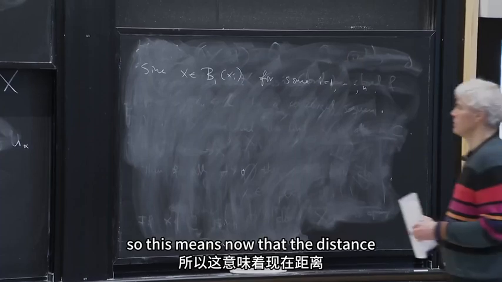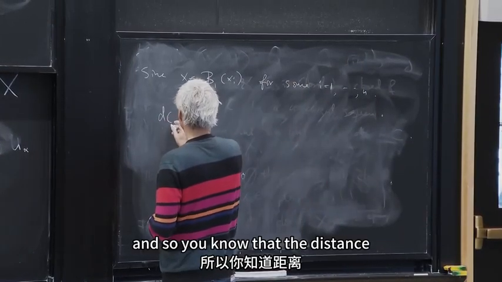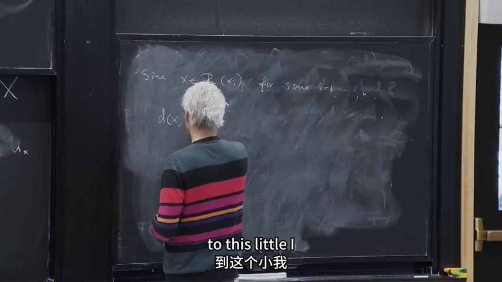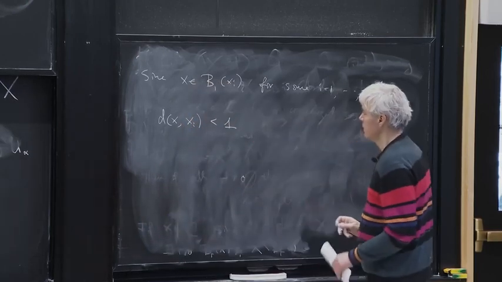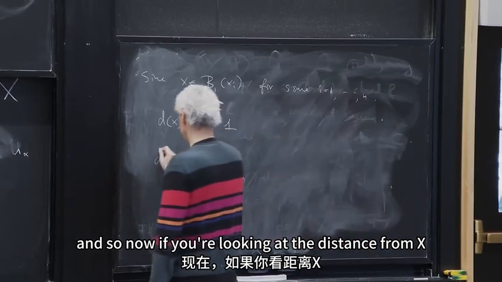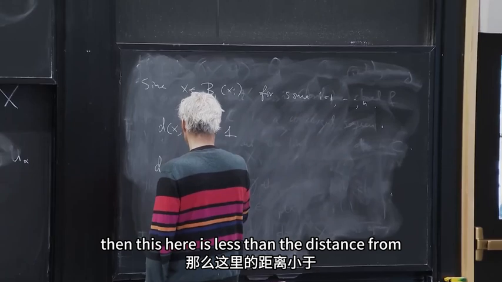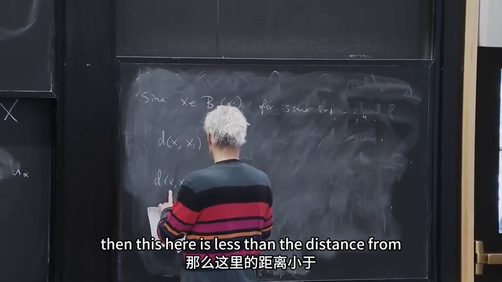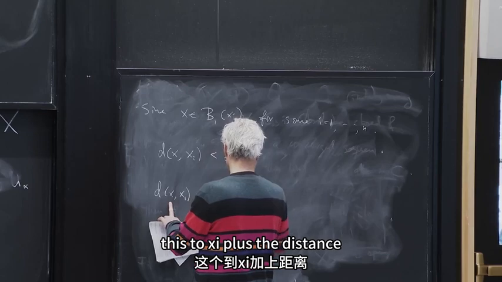This means that the distance from x to xi is at most 1. Now, the distance from x to the first one is less than the distance from x to xi plus the distance from xi to the first one.